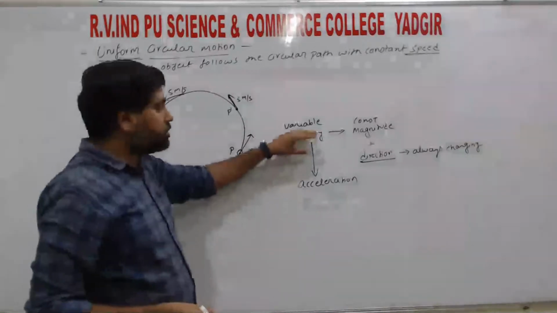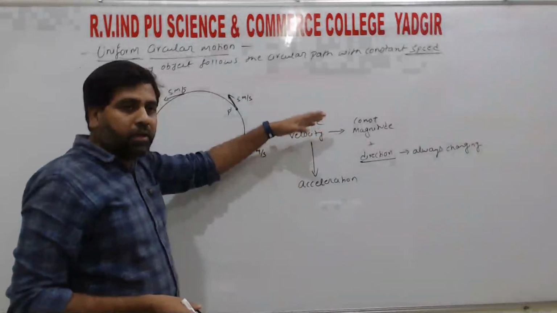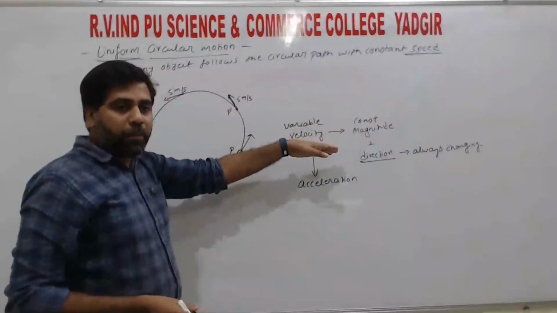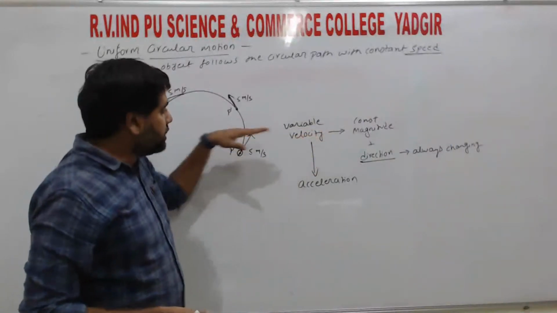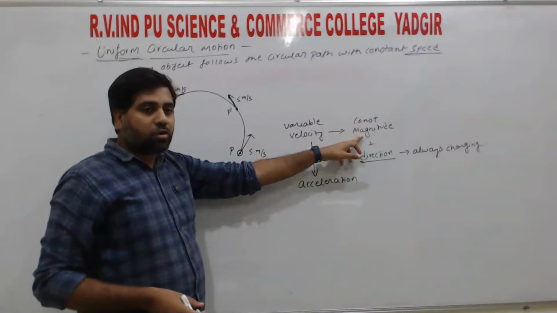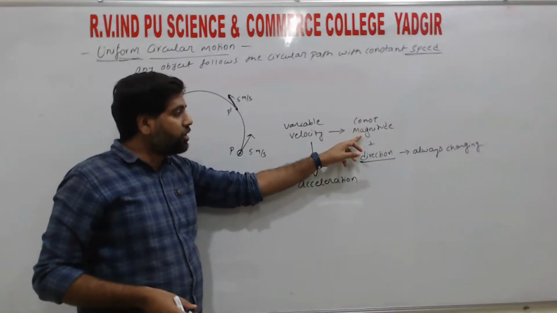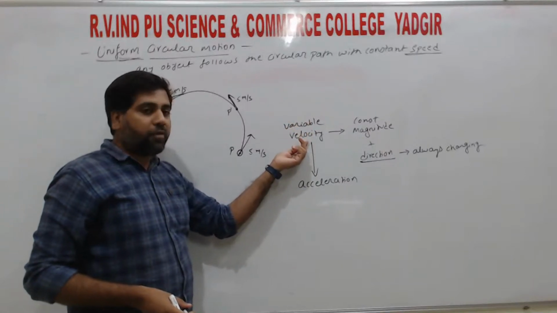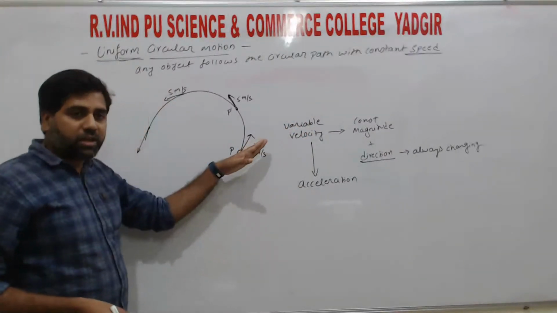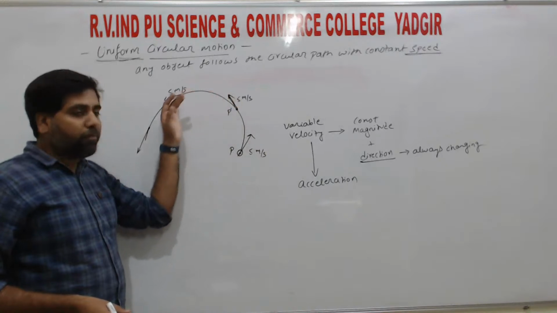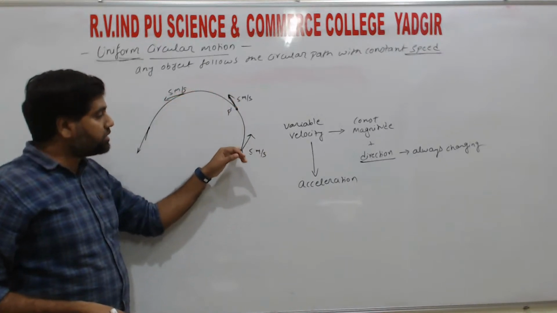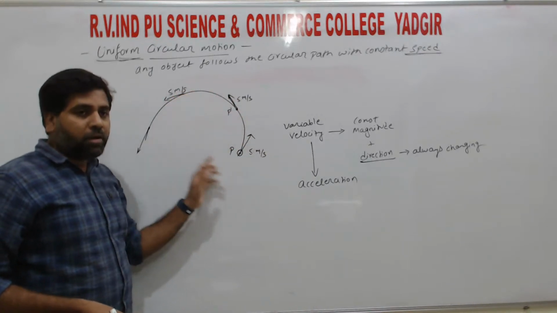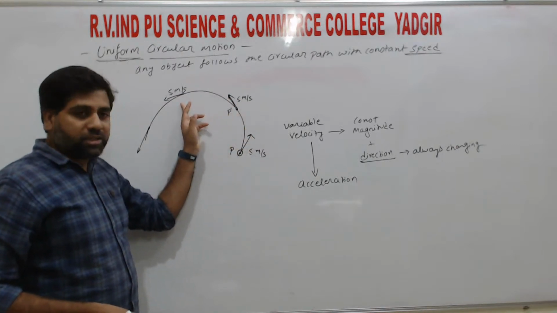In variable velocity, either the speed may remain constant or it may change. Here the speed is constant, that means its magnitude is constant. So we can say there are two cases for variable velocity: the direction remains the same and the magnitude varies, or, as in this case, the magnitude remains the same but the direction changes.